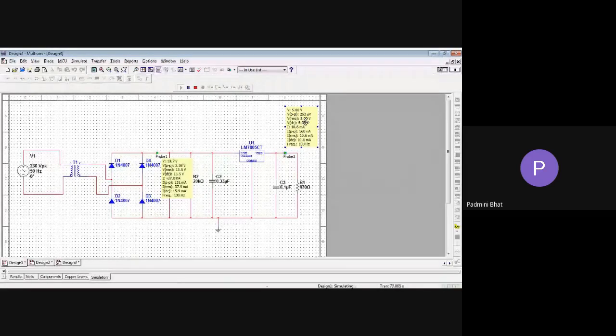One doubt is there: if in case we use LM79 for plus 5 volt, what will happen, ma'am? It is not a regulator. It is not even an amplifier. I had shown you in the PPT the internal diagram of the regulator, using the error amplifier and all.